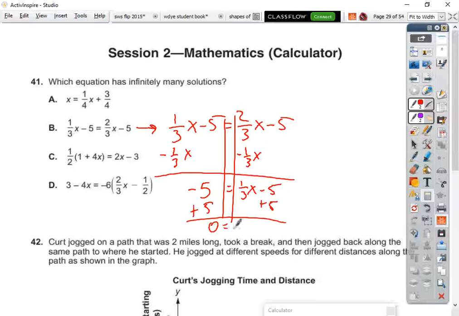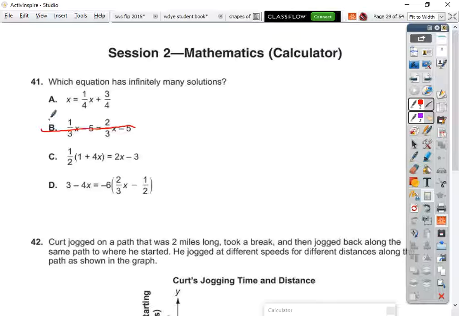So I get 0 is equal to 1/3 x. Well, what number times 1/3 is equal to 0? 0. So in this case, x is equal to 0. This is one solution, not an infinite number of solutions. Therefore, that is not the right answer. So we can strike these two off our possibilities.